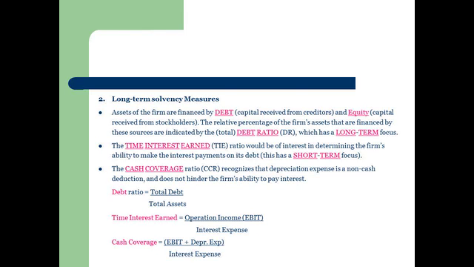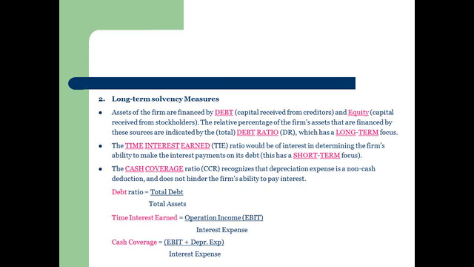The second ratio is the debt ratio. You can also call it a long-term solvency measure. The assets of the firm are financed by debt. Now what is debt? We have already told you that it is capital received from creditors. Who are creditors? Creditors are normally banks. And equity is capital received from stockholders or shareholders.